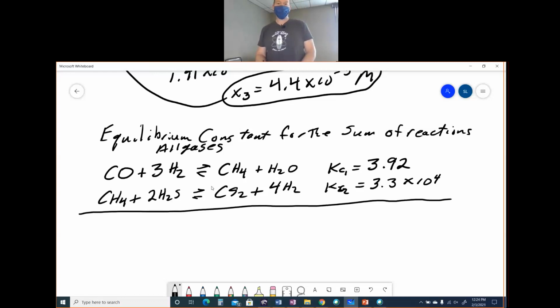All right, and so we have to then subtract 1 CH4 from both sides. We will subtract 3 hydrogens from both sides. That gets rid of all 3 of these, and then 1 remains on this side.